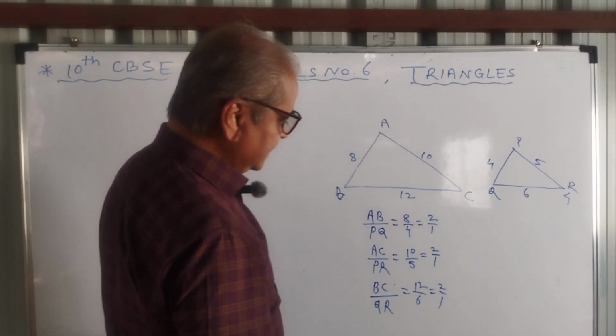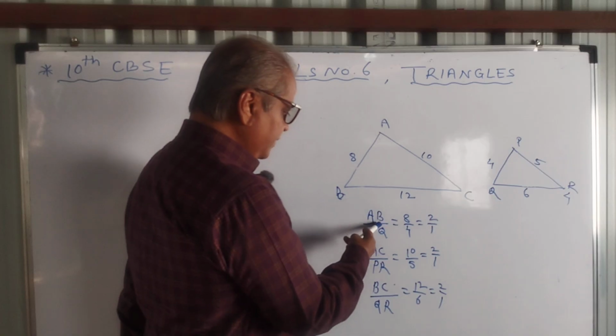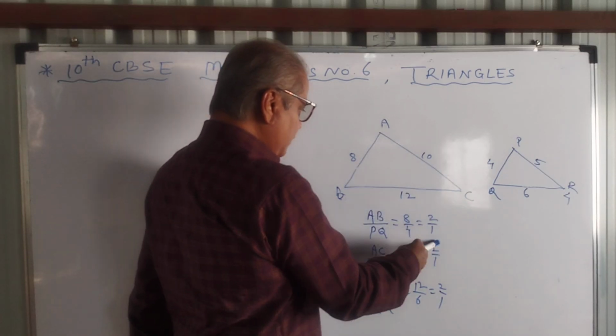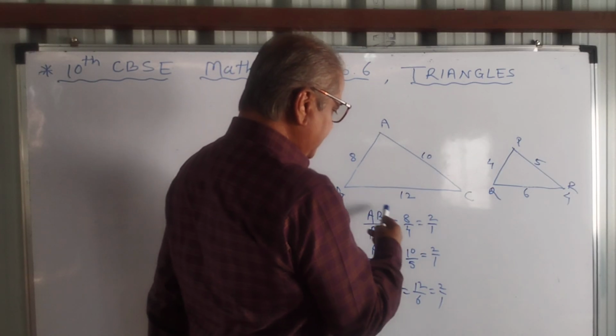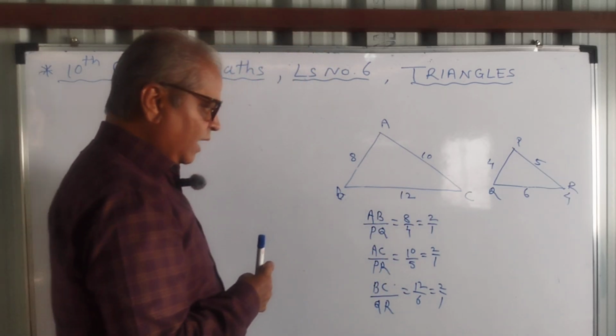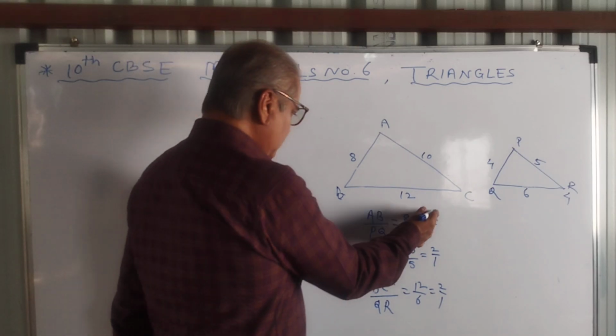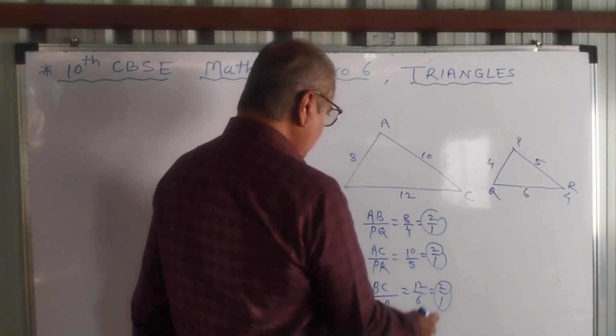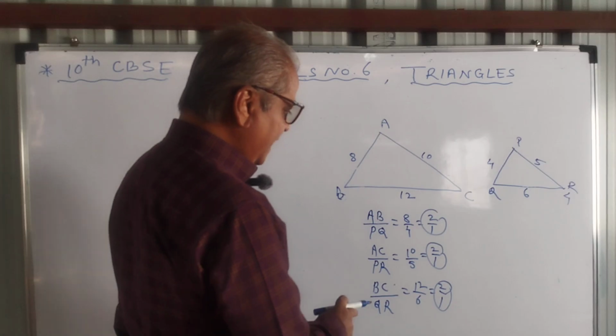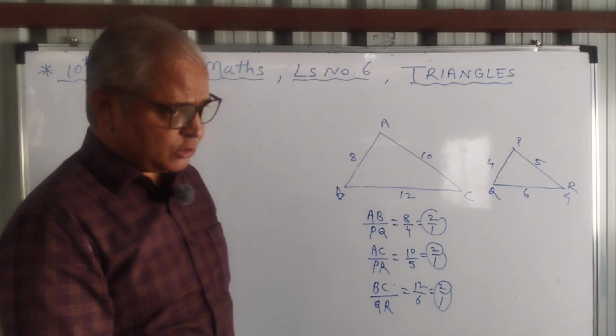So AB upon PQ is equal to AC upon PR is equal to BC upon QR, because the ratio of corresponding sides is the same, 2 upon 1, 2 upon 1 and 2 upon 1. This is how we can say that sides are in proportion.